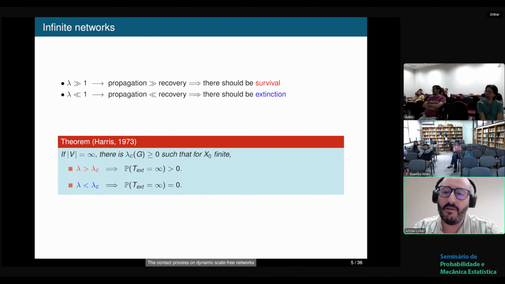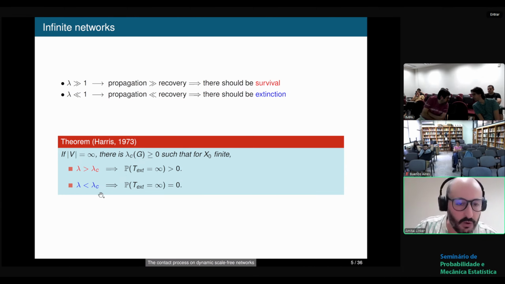The very first results for the contact process include this one: if you take any infinite network, there is going to be a critical parameter, lambda c, which depends on the network, such that if you start from a finite configuration, then for infections stronger than this minimum infection rate, the infection is strong, meaning there is a chance for the infection to never die out, to never reach extinction.